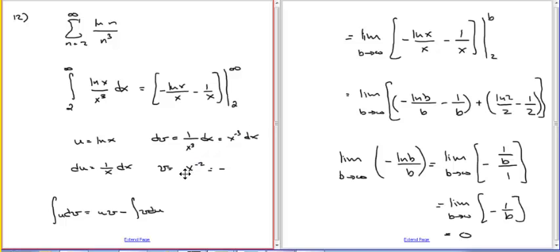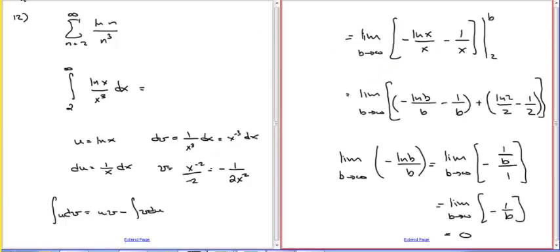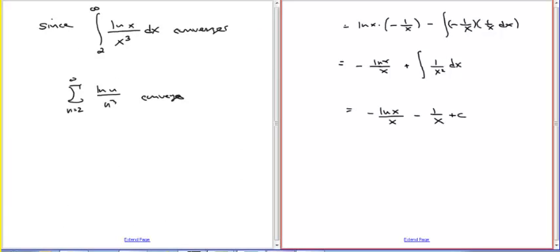Integrate, we get x to the minus 2 over negative 2, which is going to be negative 1 over 2x squared. Okay, that's the same, and we'll erase that because we're going to fix that.